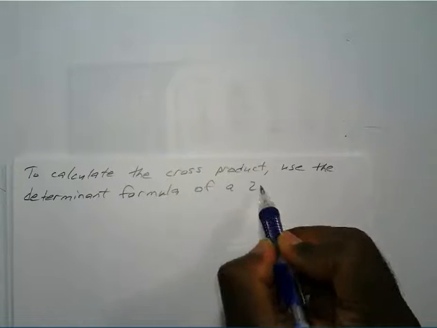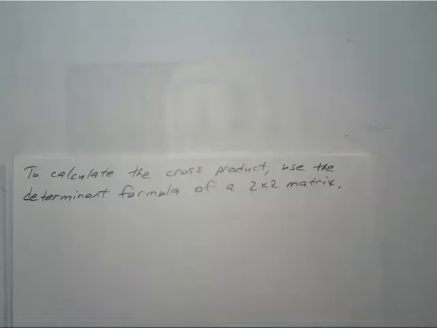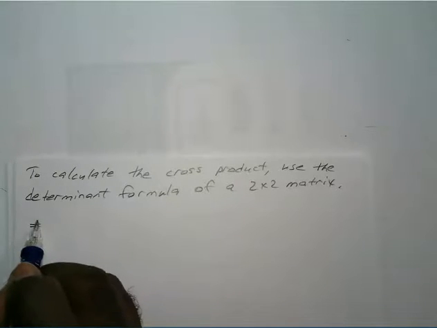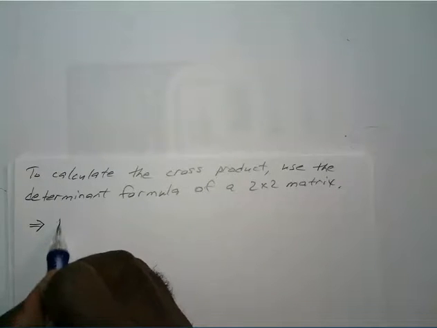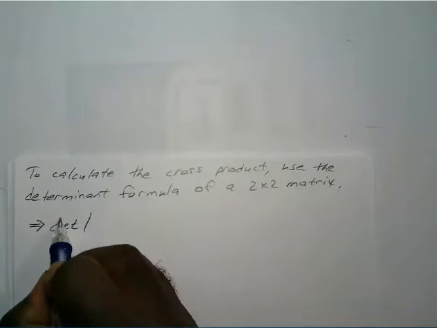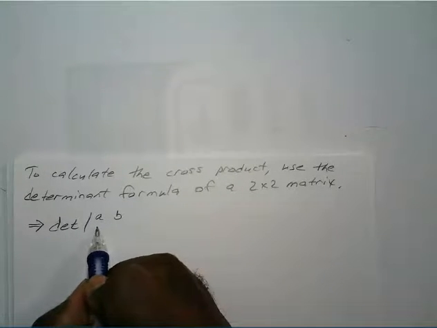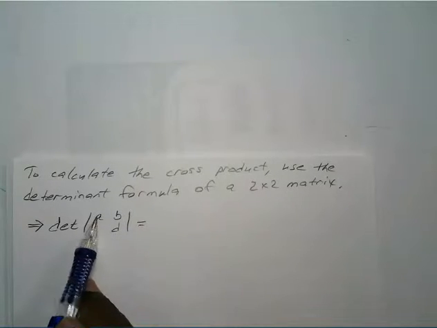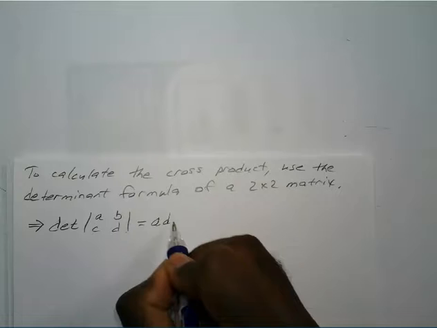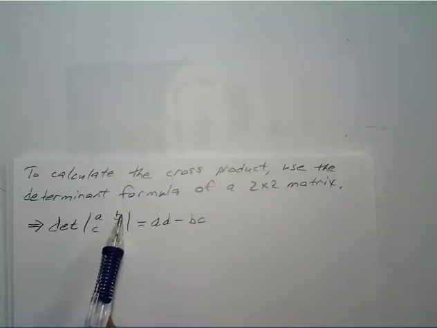If you're a little foggy on that, I'll go over it in case you forgot. The determinant of a matrix with values A, B, C, and D will equal A times D minus B times C. So we go upper left, lower right, minus upper right, lower left.